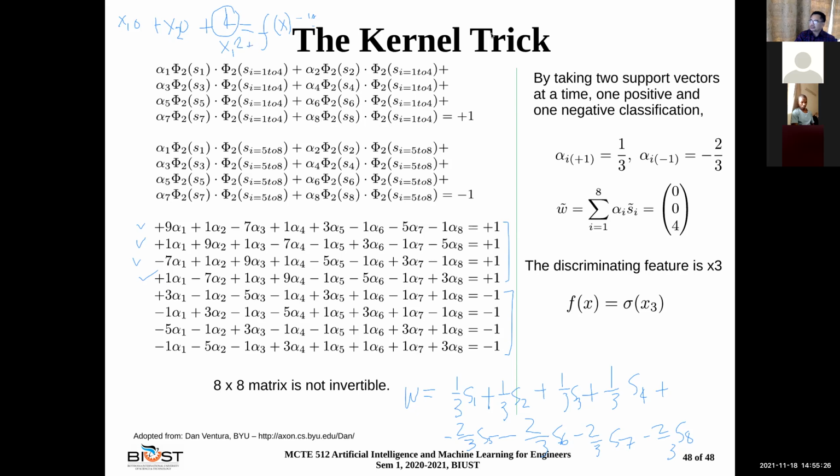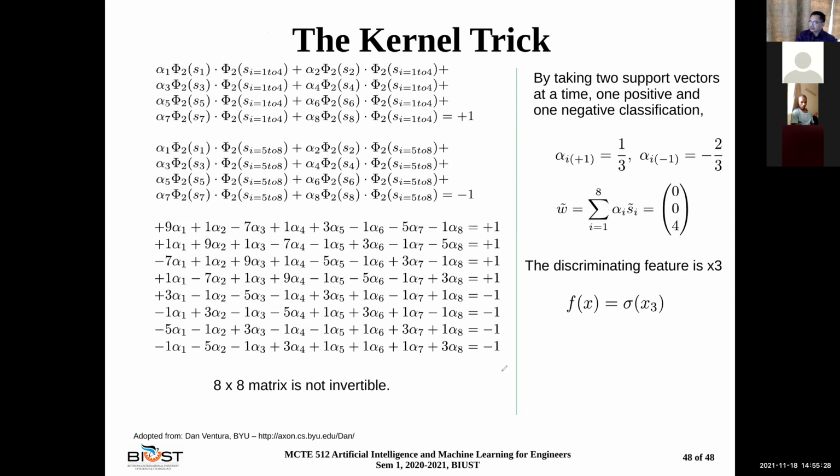Okay, let me write it down. Here, we know already how to compute the weights. So in this case here, you have W1, W2, W3, transpose multiplied by your X1, X2, X1 squared.